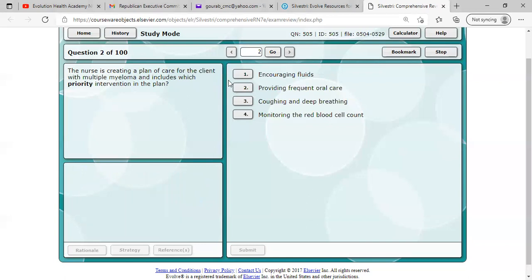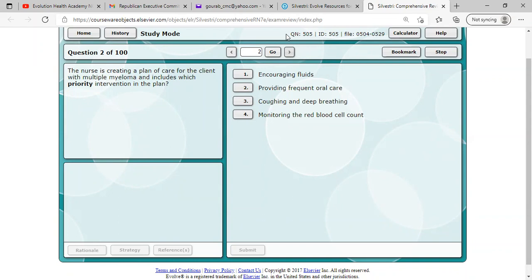So I make a plan for my patient, but which plan is most important here, right? First of all, encourage fluid, provide frequent oral care, coughing and deep breathing, monitor the red blood cell count.